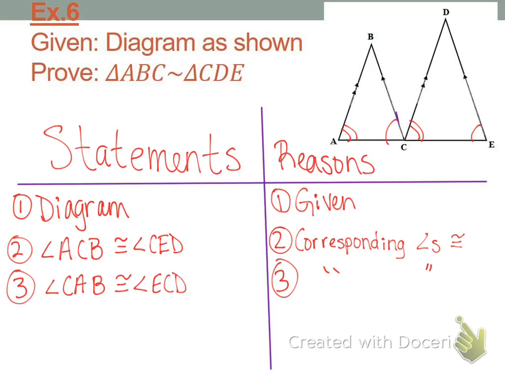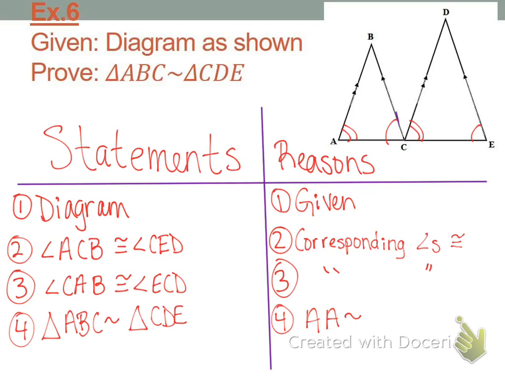Now that we have two pairs of congruent angles, we are ready to make our prove statement. Those triangles are similar. What would our reason be? Yep, the whole thing we've been focusing on today, angle similarity.